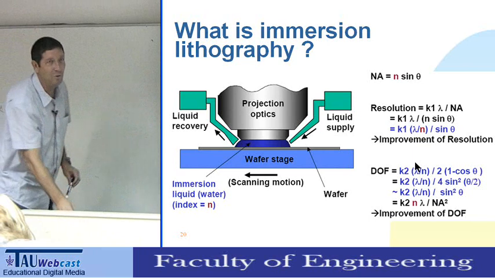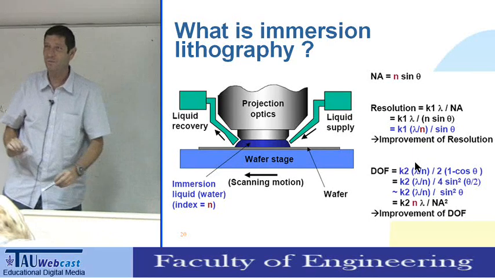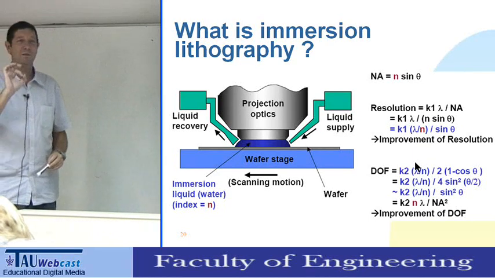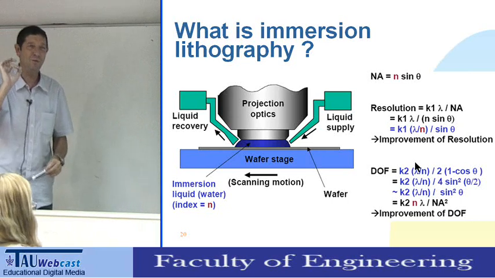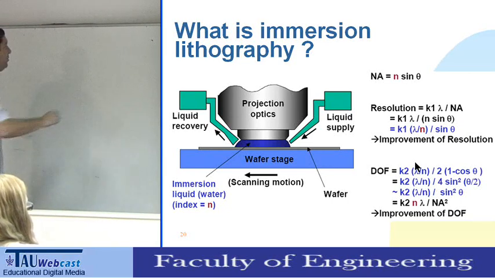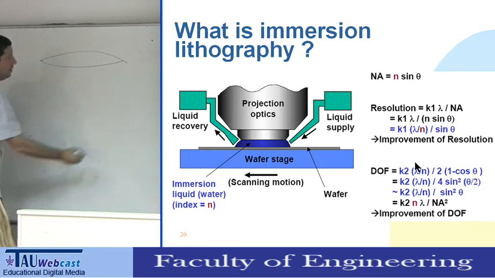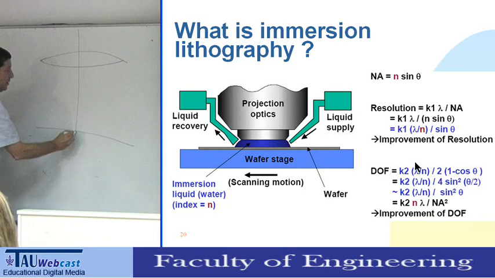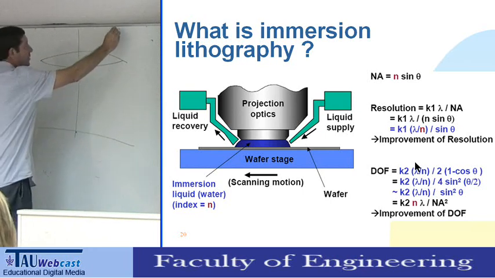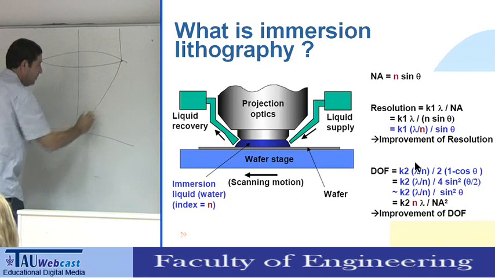But let me give you, not the full calculation, but an idea of what exactly depth of focus is. If this is your lens, and this is your image, this is your primary beam hitting, and there's another beam of the same picture hitting the sides.